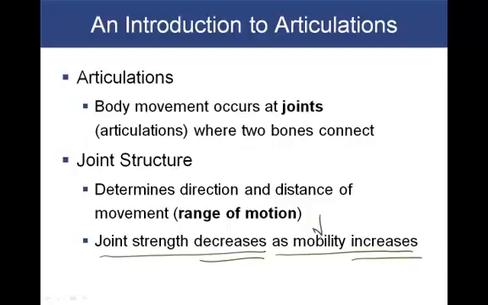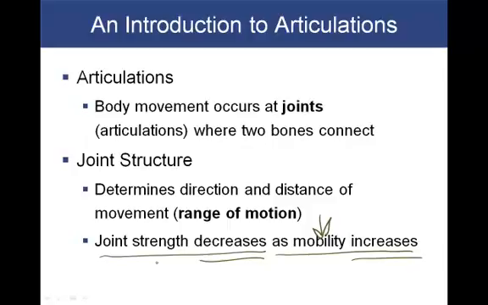Let's start with mobility. Mobility is the amount of movement. And again, if we go back to the two examples I just used, we had the shoulder joint and the joint between the two parietal bones that form the sagittal suture. These have very different mobilities. The shoulder joint has a tremendous amount of mobility, while the sutural joint has no mobility.